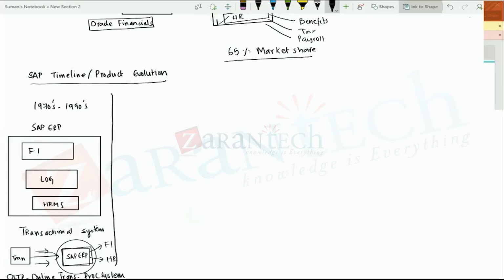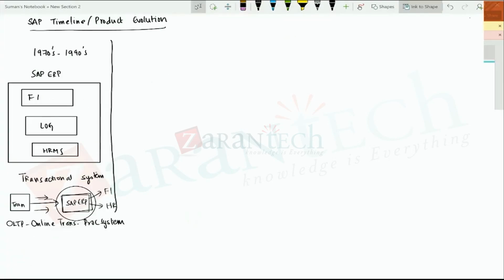The focus was on day-to-day operations. If I capture the day-to-day transaction and store it in this ERP application, that is all I wanted to focus on.